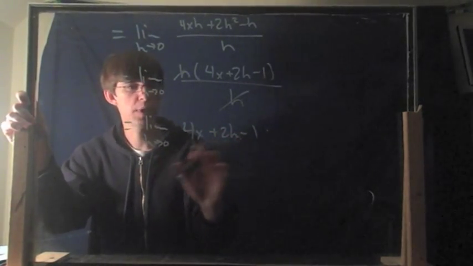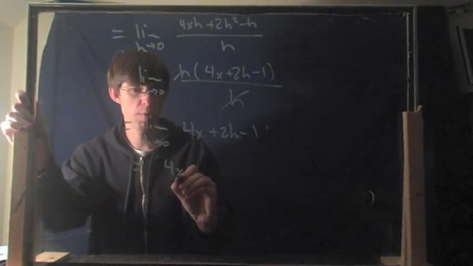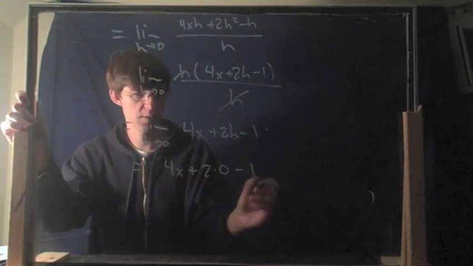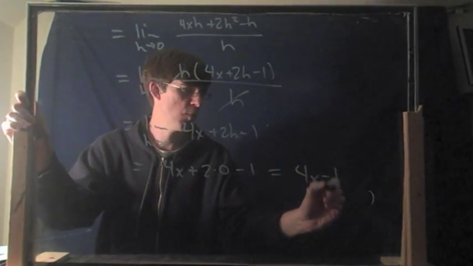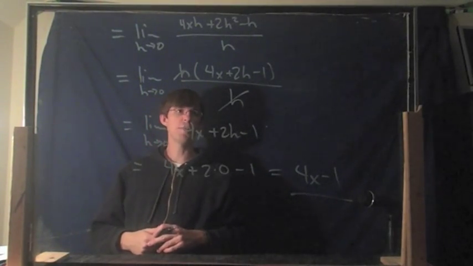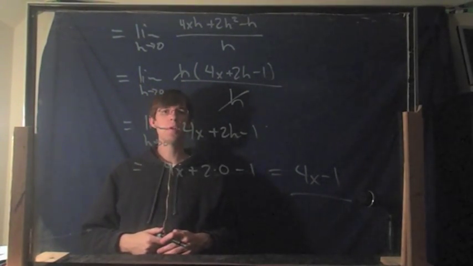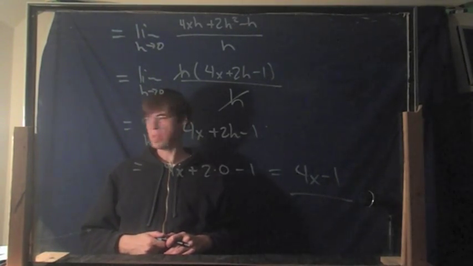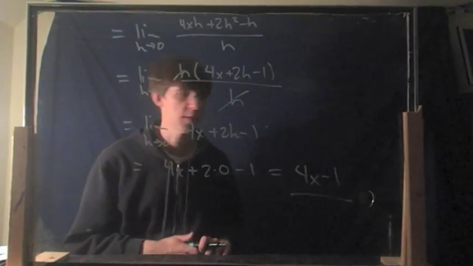Now you take the limit by plugging in h equals 0, and you get 4x plus 2 times 0 minus 1. That's just 0, so the answer is 4x minus 1. There you go. That's the derivative of that crazy function, 2x squared minus x plus 1.